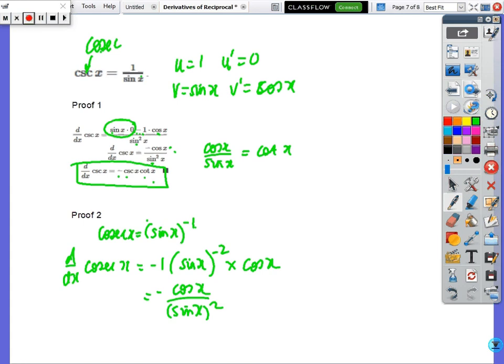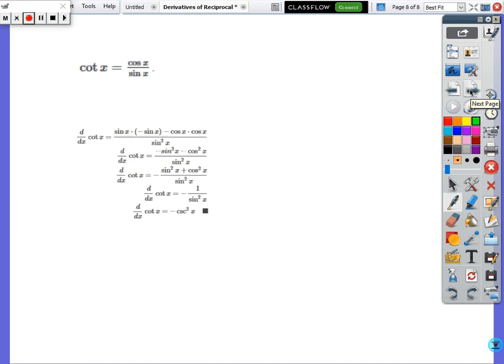And the last one, so I've got u equals cos x, so u dash equals minus sine x, v equals sine x, so v dash equals cos x. So I've got (v u dash minus u v dash) over v squared.